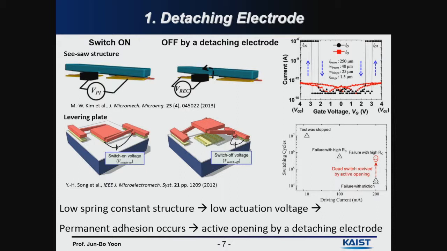It is very hard to achieve a repelling force in electrostatic actuation. So instead of that, we use the levering structure to intentionally detach a plate which was stuck to the substrate. So using this technique, even the dead switch revived from the dead status, so we can increase the lifetime 10 times using this mechanism.